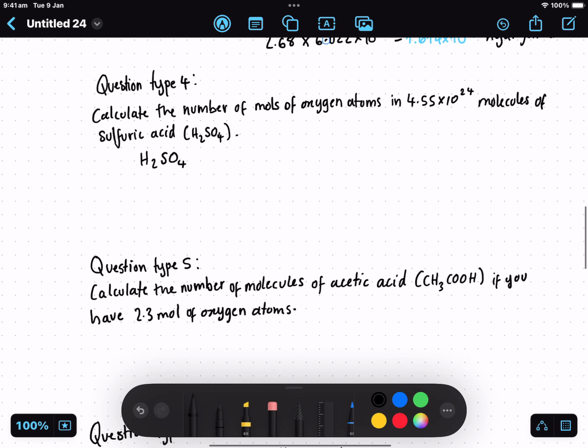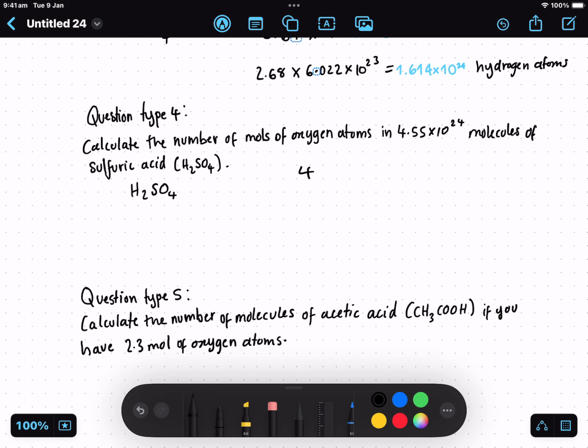Now question type 4. Calculate the number of moles of oxygen atoms in 4.55 times 10 to the power 24 molecules of sulfuric acid. So to find the number of moles of oxygen atoms, we can see that there are 4 oxygen atoms. First we have to convert the molecules of sulfuric acid into moles.